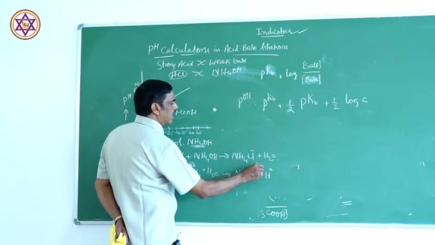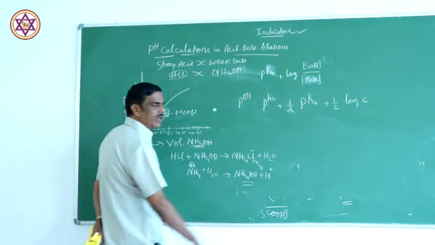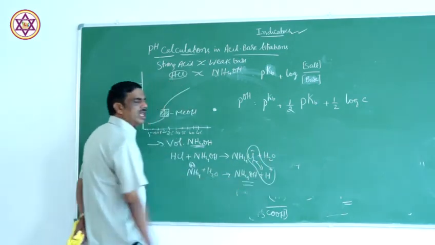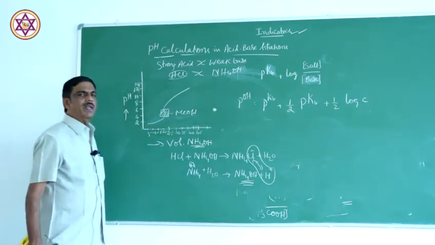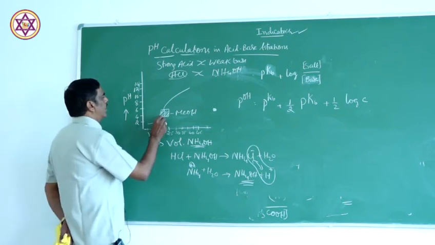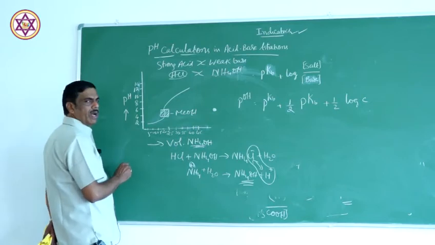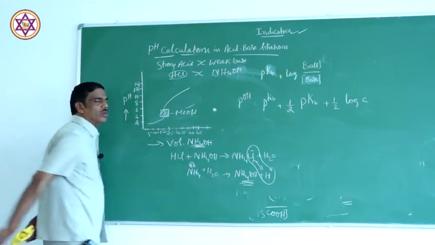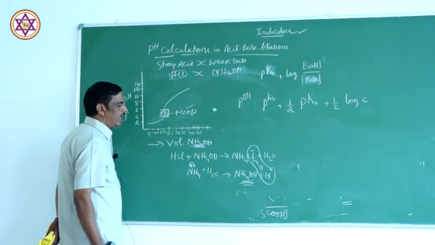So this H+ combines with Cl-, again it forms a strong acid, whereas ammonium hydroxide is a weak base. Therefore, even at the end point, even at the neutralization point, HCl is produced there, and ammonium hydroxide is a weak base formed there. Therefore, the pH is in the acidic region itself. So the change is only in the acidic region, that is pH between 4 and 6 in case of weak base titration. Therefore, you have to use methyl orange indicator only, and you can calculate the pOH of this solution.